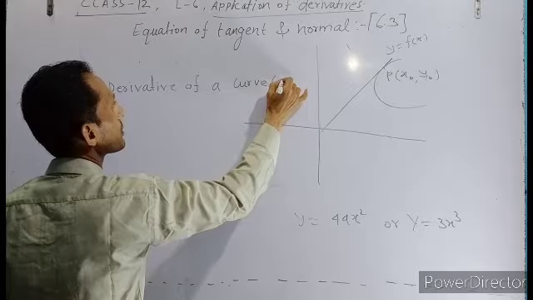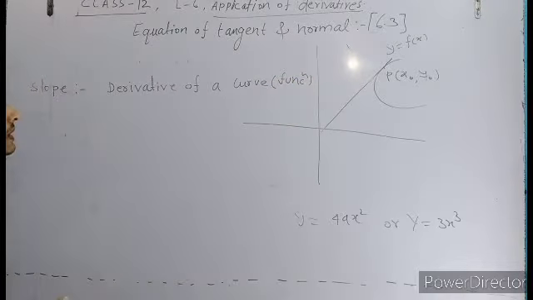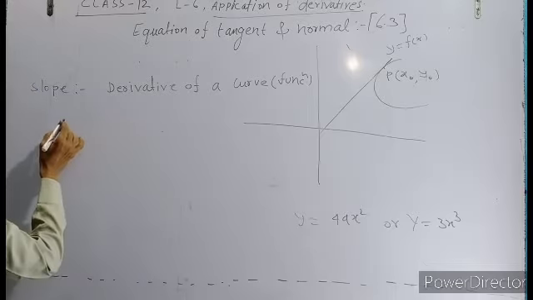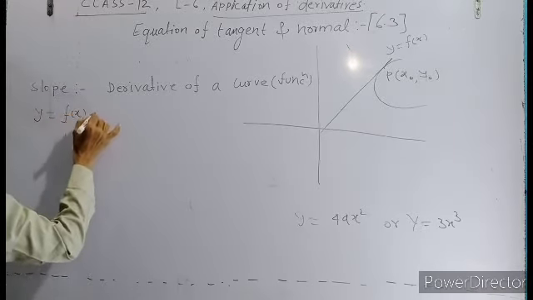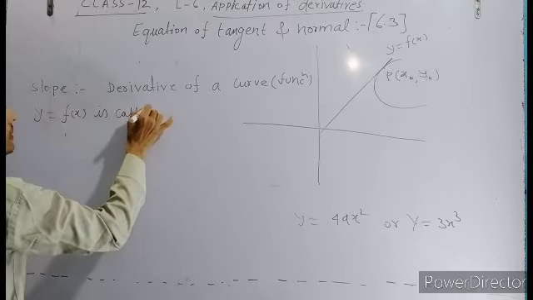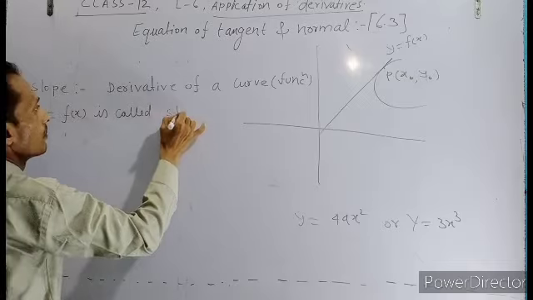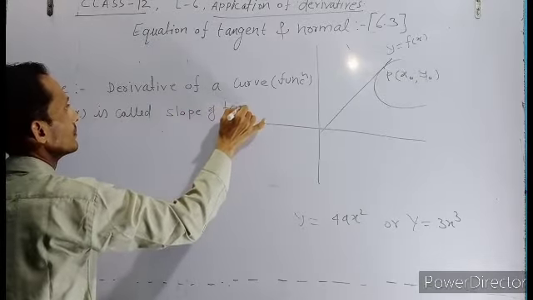Curve, you can say function. The curve is also a function here. The derivative of the curve y equal to f(x) is called the slope of the tangent.